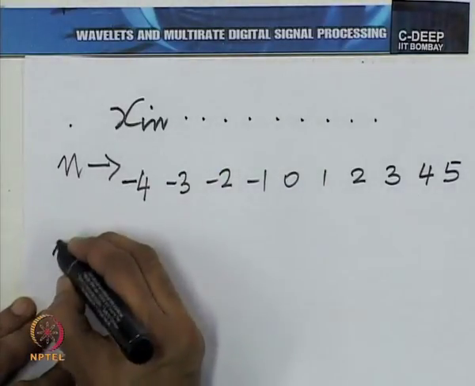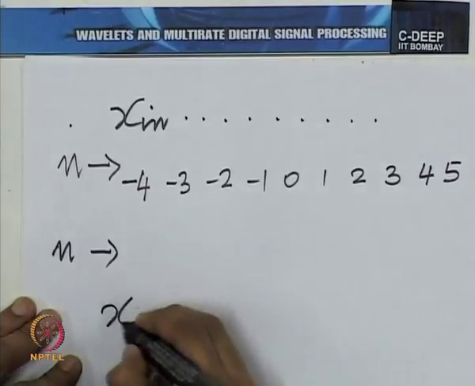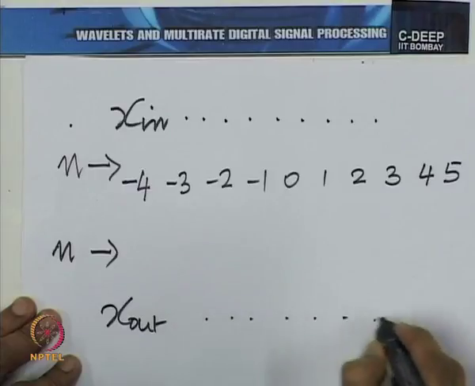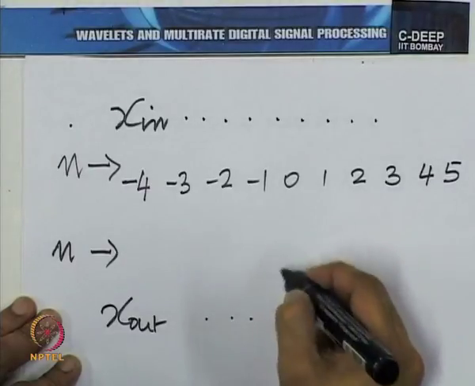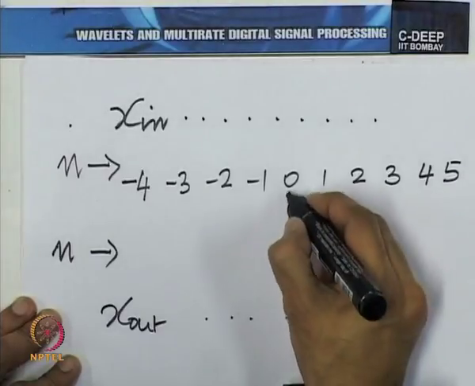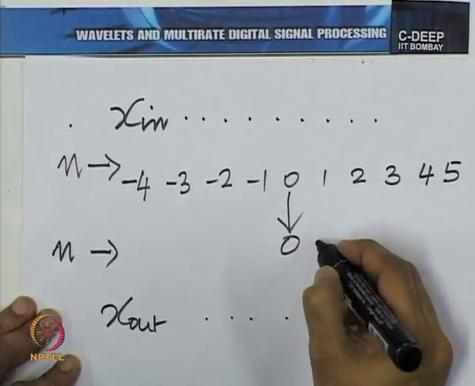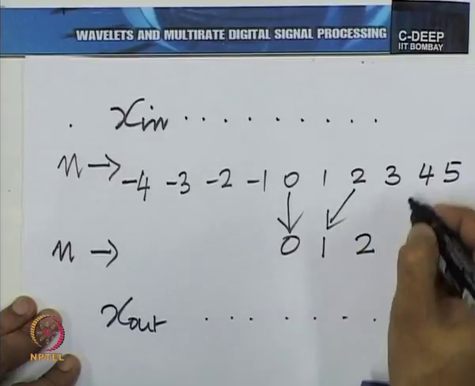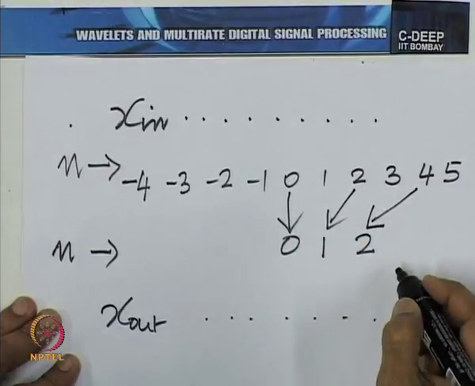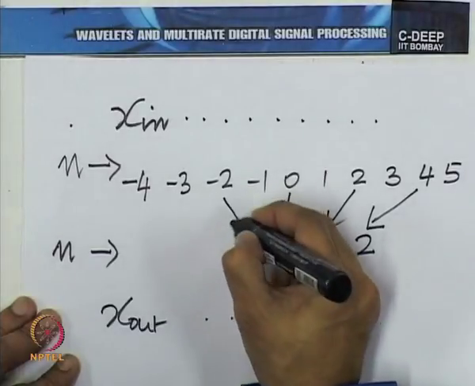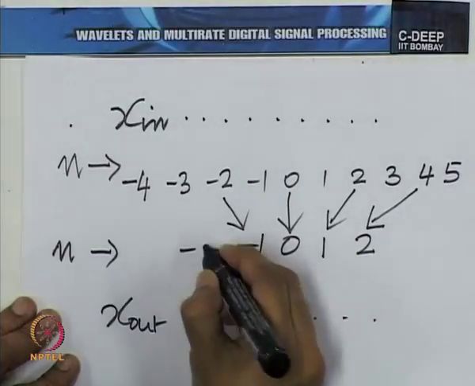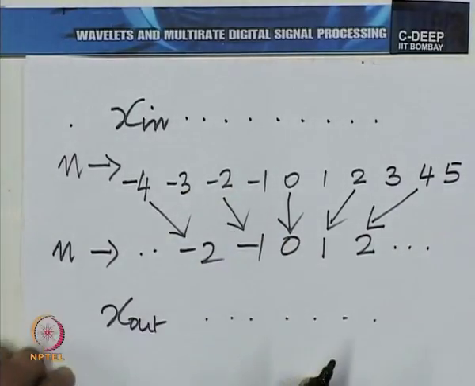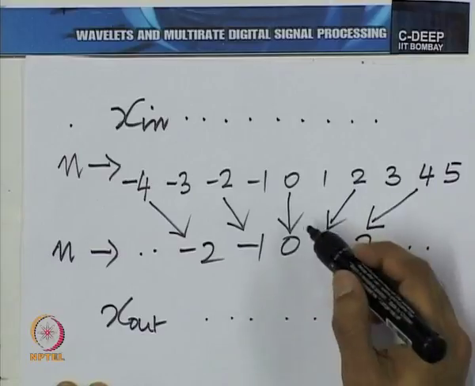As far as x out goes, so you have the index for x out. As far as x out goes, 0 comes from 0, 1 here comes from 2, 2 here comes from 4, minus 1 comes from minus 2, minus 2 comes from minus 4 and so on. So, in other words, what are you doing?